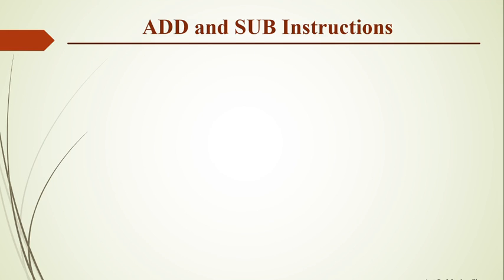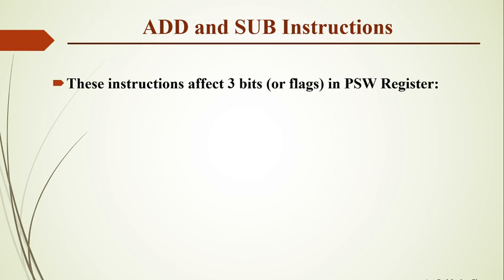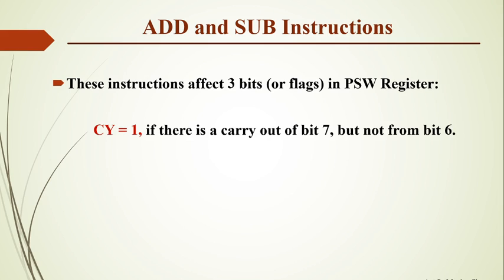Before going to these mnemonics, the add and subtract instructions affect 3 bits of the PSW register. The first bit affected is the carry flag. It is set to 1 if there is a carry out of bit 7 during the addition or a subtraction.